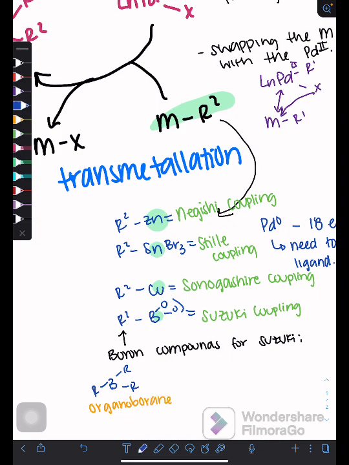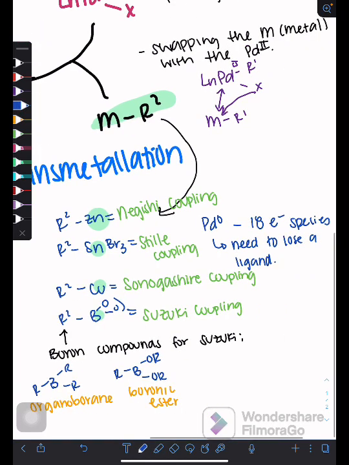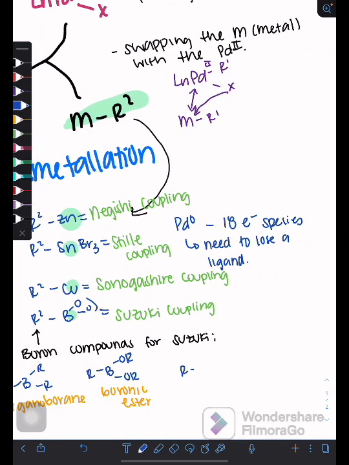Then there's also this, and this is called boronic ester. And finally, we have an R group with the boron with 2 OH groups called boronic acid.